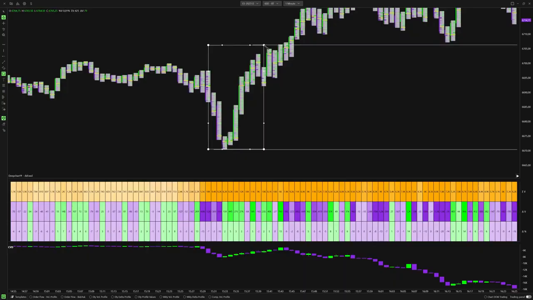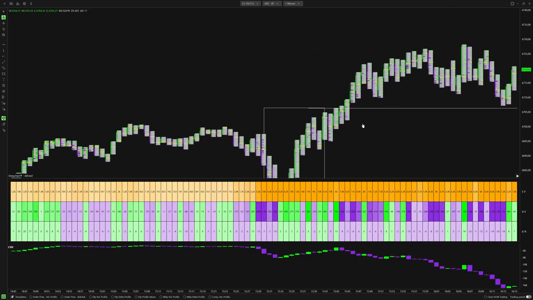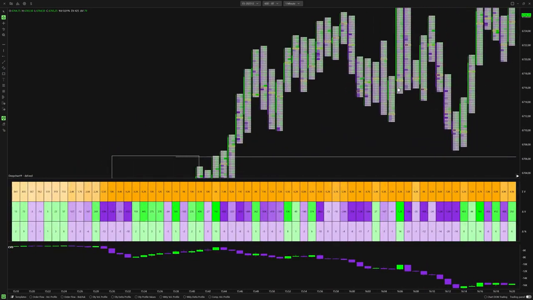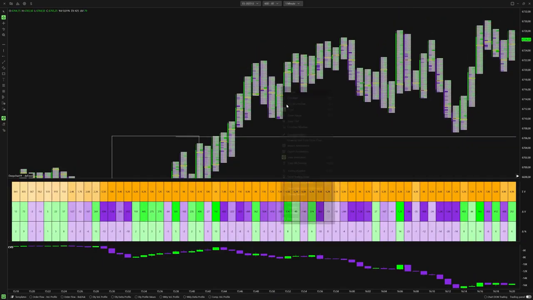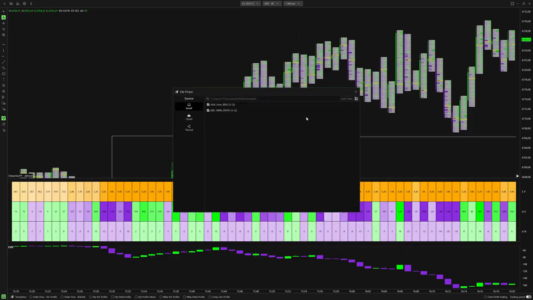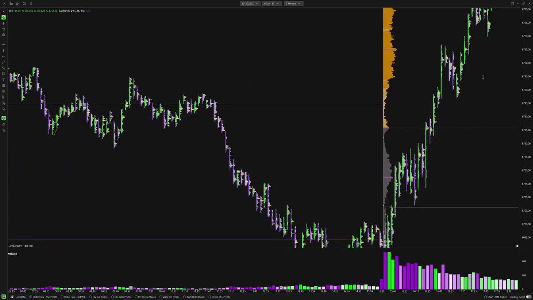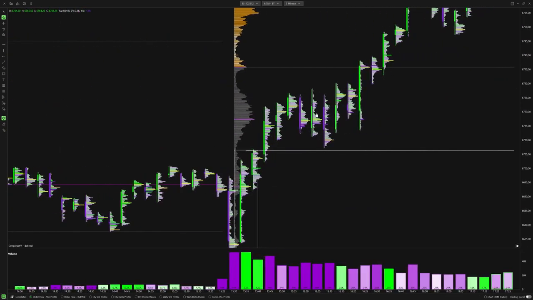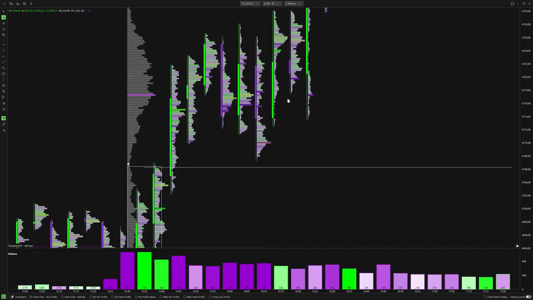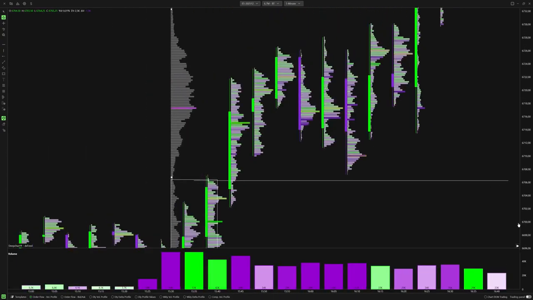So this is our opening range. And what you want to see is a breakout above, and the breakout happens. Let's put ourselves in the 5-minute time frame. So I'm going to load my favorite 5-minute template. So for example, we take a look at what the volume does above here in the 5 minutes.